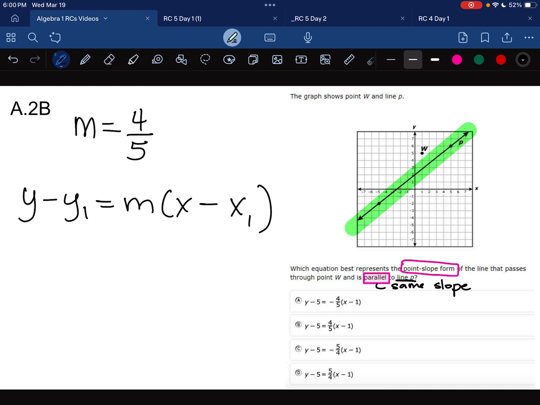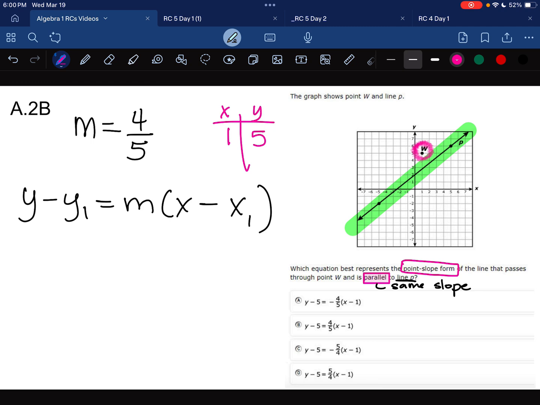So the question is telling me I need to find the same slope, but it must pass now through W, which is at 1,5. So W is at 1,5, X, Y.